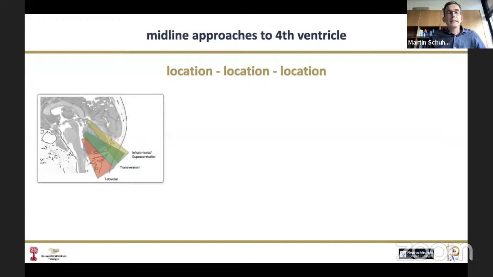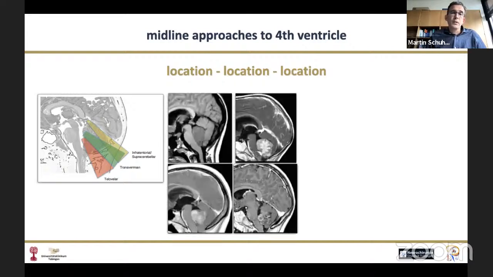But everything else, which is here in this graph, still separated in transvermian and telovelar, can be treated actually, in my opinion, by telovelar. So here in this sketch from a pediatric posterior fossa book, actually, they still propagate the transvermian for the upper lesions, which I think is not indicated and necessary.